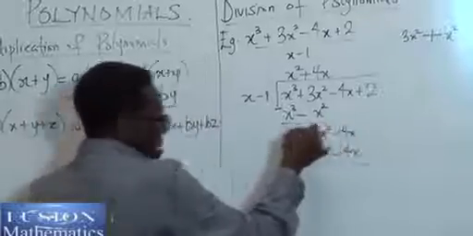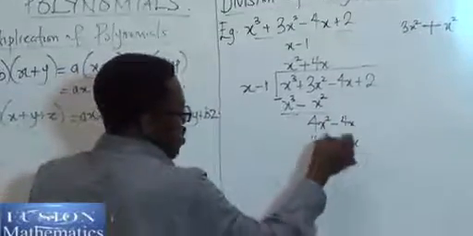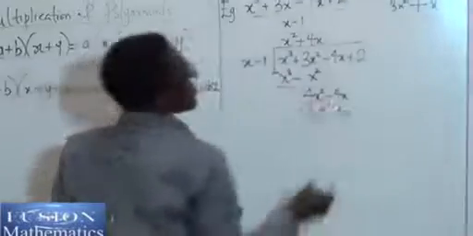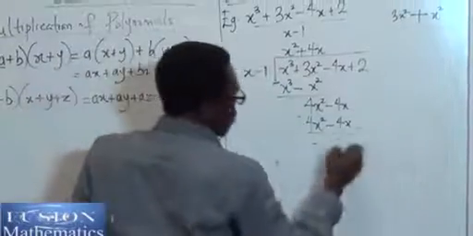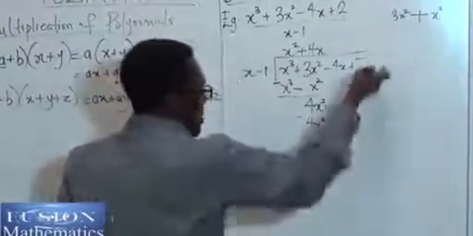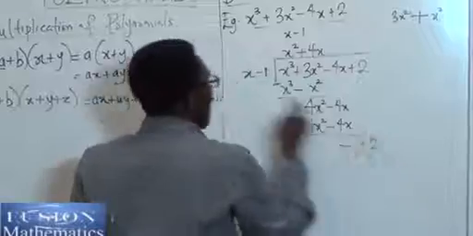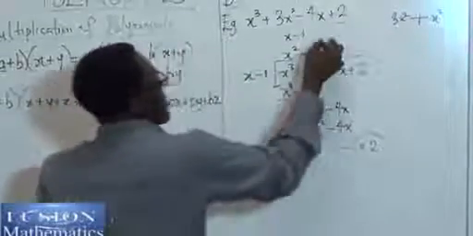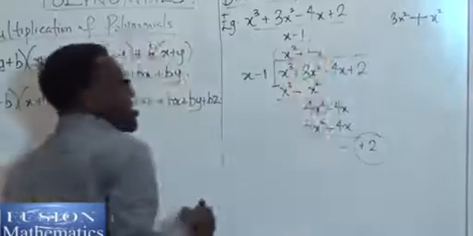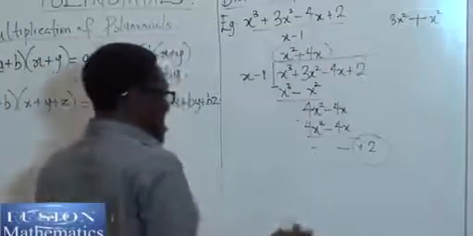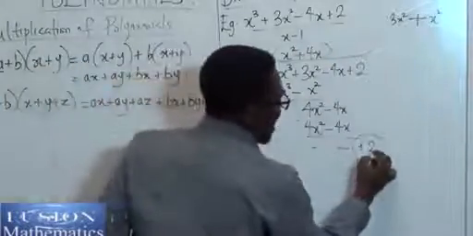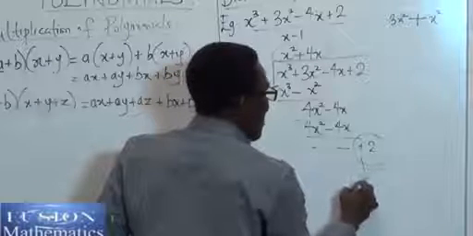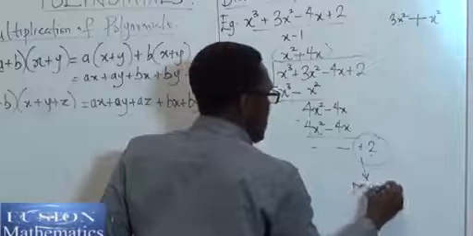Minus 4x minus minus 4x, minus times minus gives plus, so minus 4x plus 4x will give us 0 also. Then we bring down the next one, which is plus 2. X cannot go into 2, so here we have x squared plus 4x as our answer, and plus 2 here as what we call the remainder.